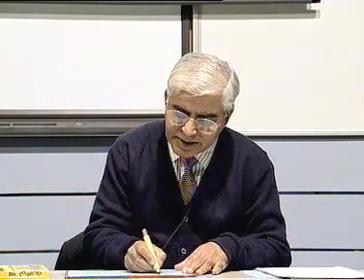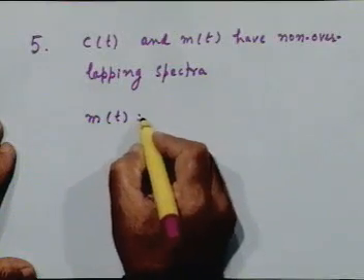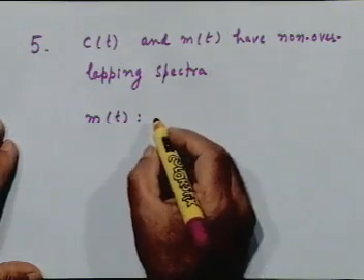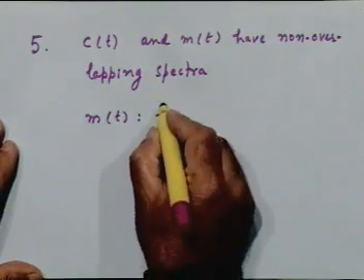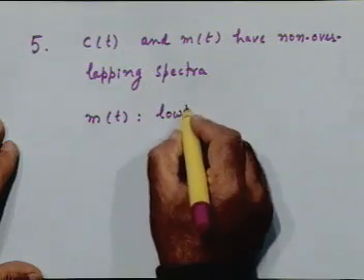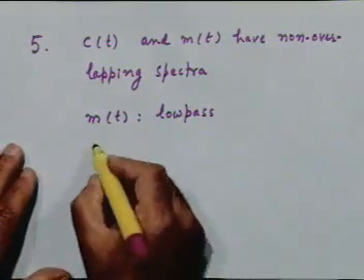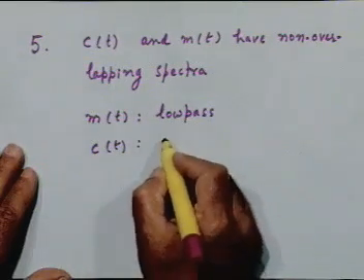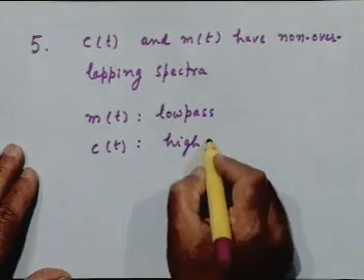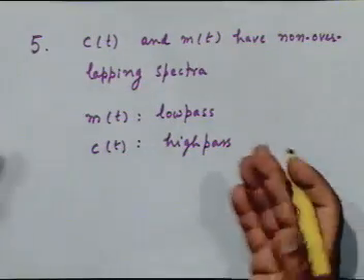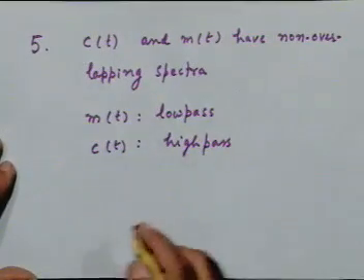So without loss of generality, let m(t) be the low pass function, meaning its spectrum occupies the lower frequency components, and c(t) is high pass in that sense. It could be the other way around, but we have just decided to do this.